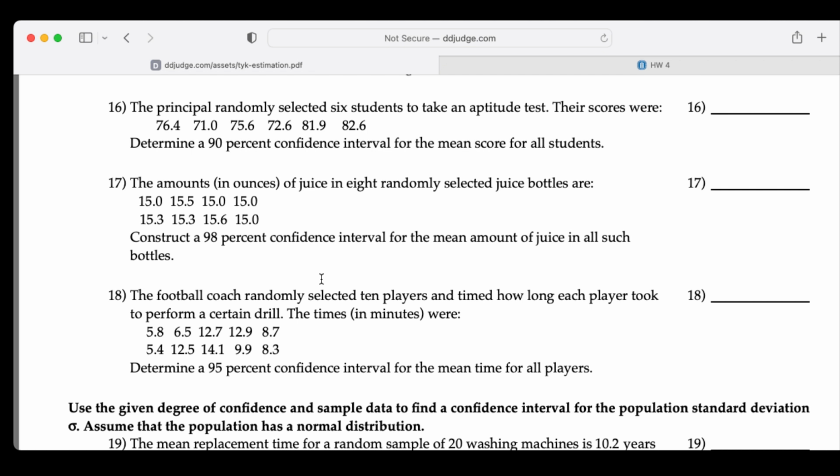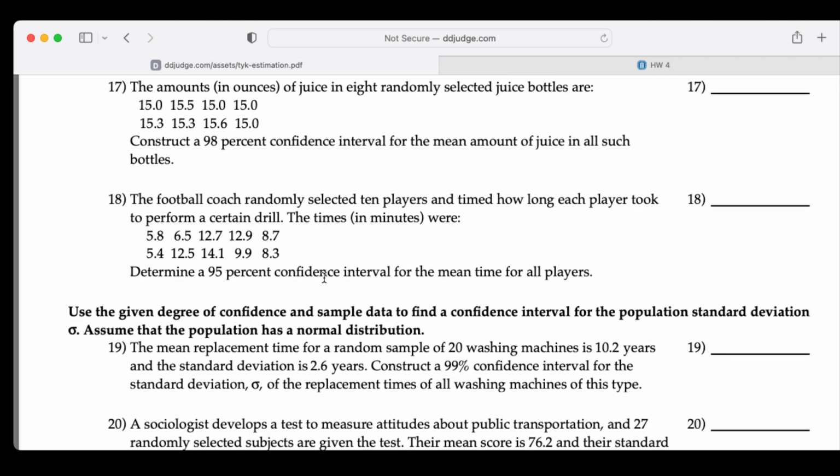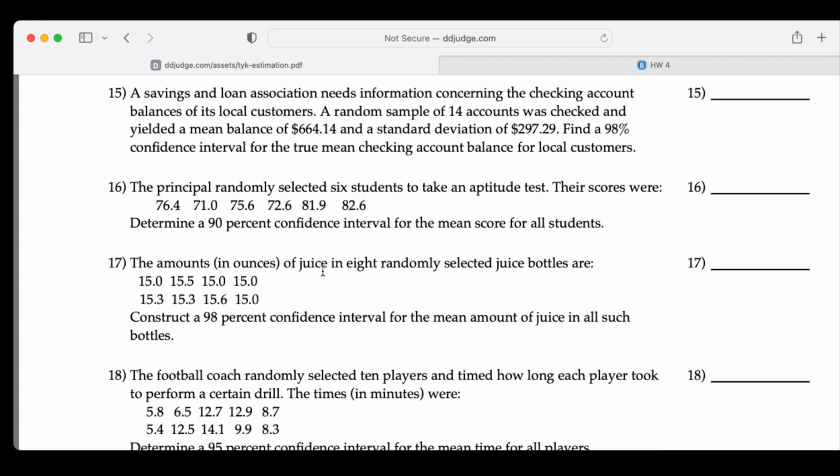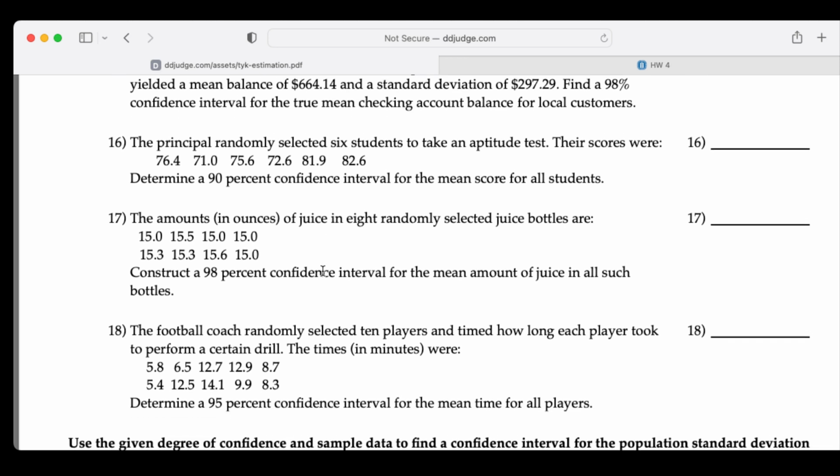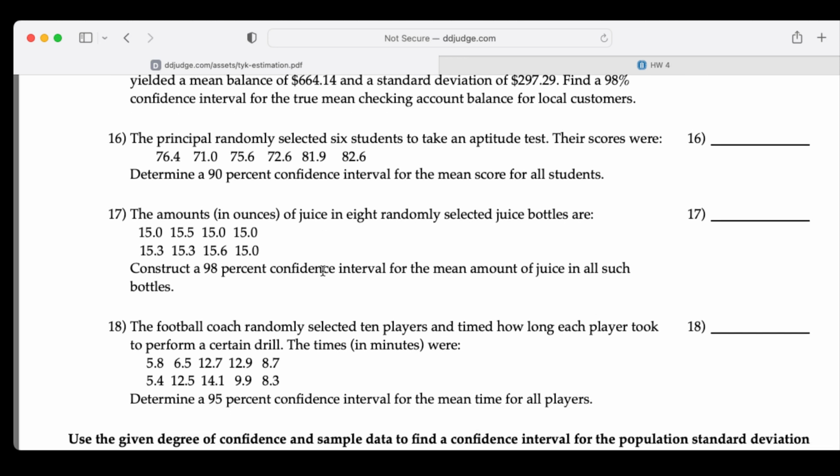Here are their scores. The amount of ounces of juice in 8 bottles. A football coach selects 10 players and measures how long each player took to perform a certain drill. I'm not saying these questions are interesting, but they're still data questions.